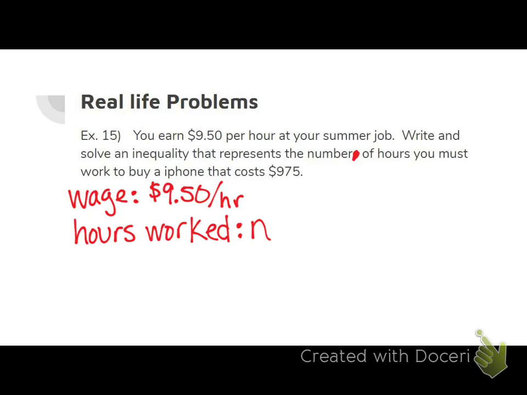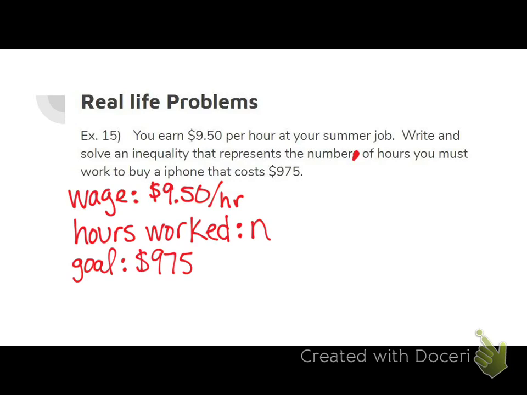And how much money are we trying to save up? Okay, we're trying to save or earn $975. That's our goal. That might be a better way of wording it. How do you calculate how much money you've made if you know how much you make per hour and you have an amount of hours you worked?